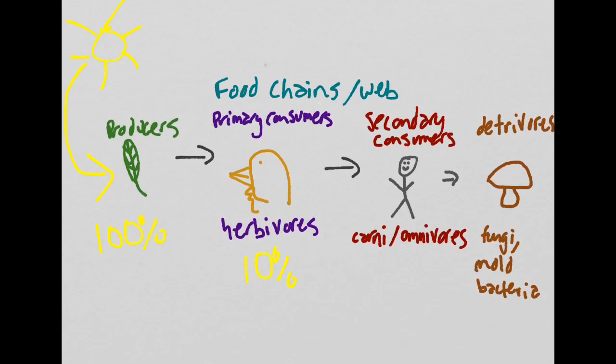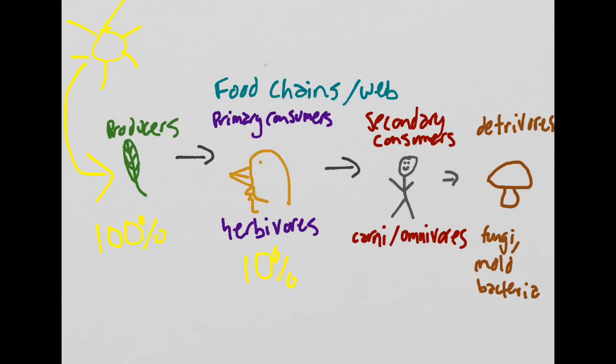A lot of this will be burnt off in heat and such, and will be let out and wasted into other forms. Only 10%, or maybe one of the 10 pounds of plants, will be converted into the meat to build tissues that are consumable for the next order up of secondary consumers.